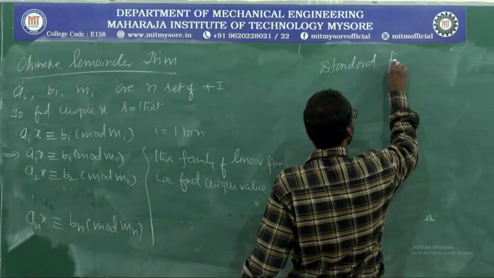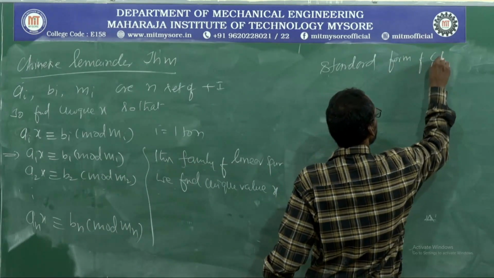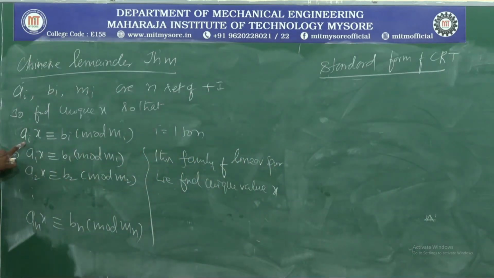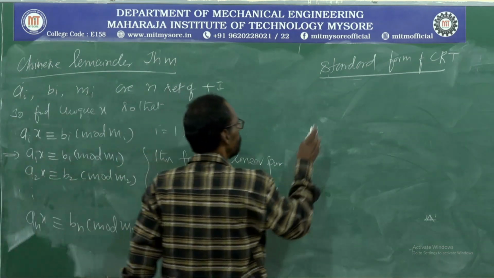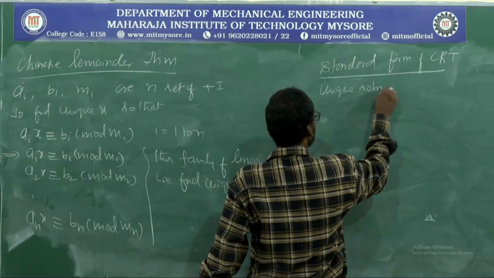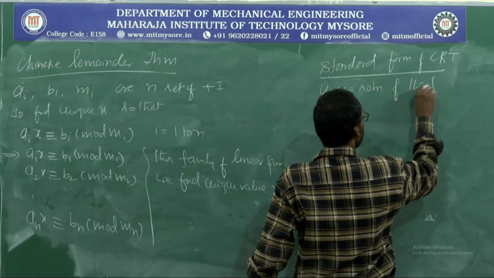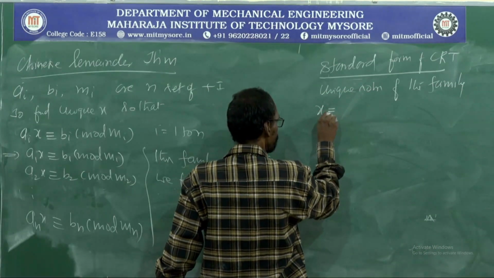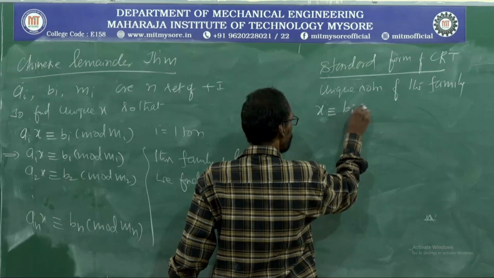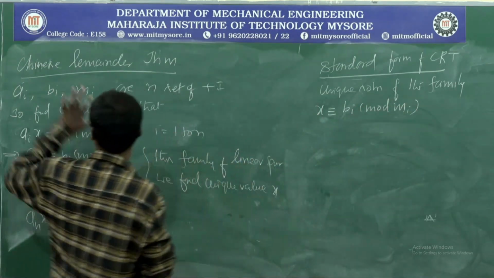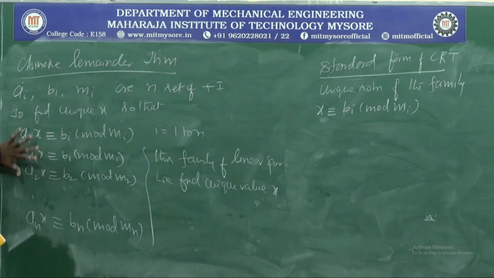The standard form is, don't consider ai, only consider x and bi. So I am going to get a unique solution of the family, x is congruent to bi mod mi. This is the general Chinese remainder theorem.